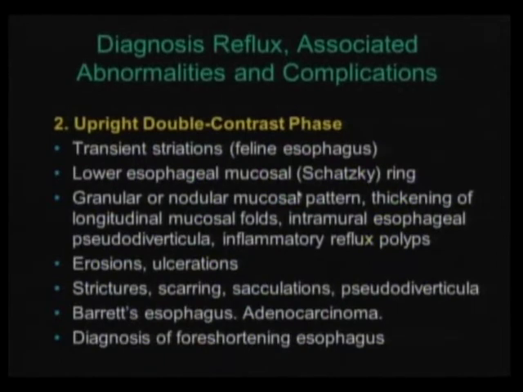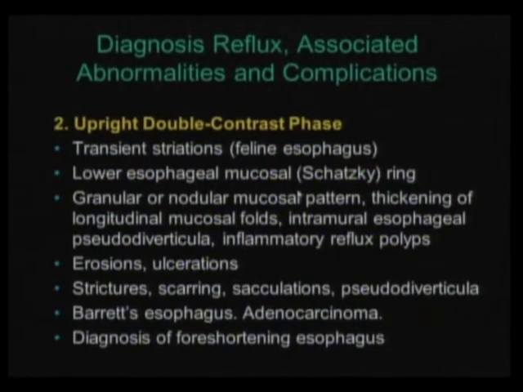We try to detect the early phase of esophageal inflammation: the abnormal mucosal pattern of the esophageal mucosa, thickening of the longitudinal folds, intramural esophageal pseudo-diverticula, and inflammatory reflux polyps. These are usually signs of reflux esophagitis.